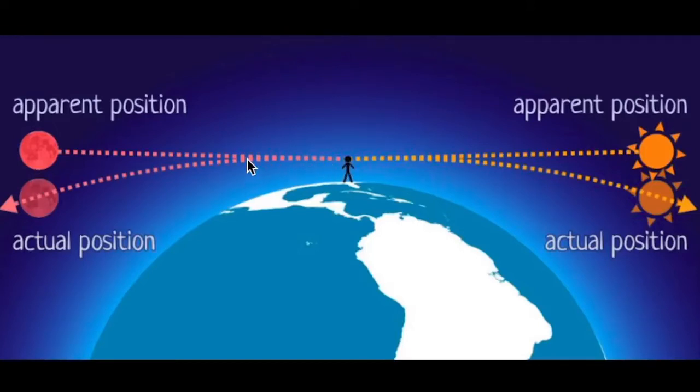Now, as we look out on the horizon, the moon, which is below the horizon, appears to be a little bit higher so that we can see it. Likewise, the sun is below the horizon, but because of this refraction and this bending, appears to be a little bit higher. We see the sun and the moon.